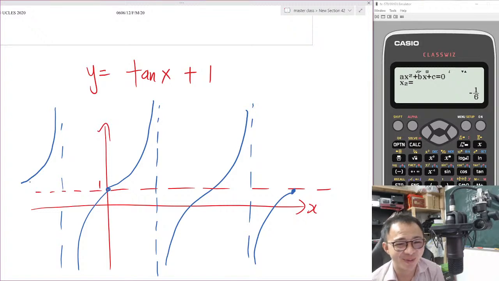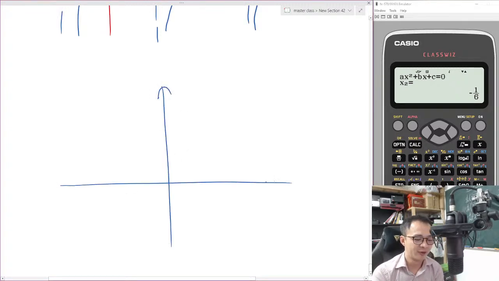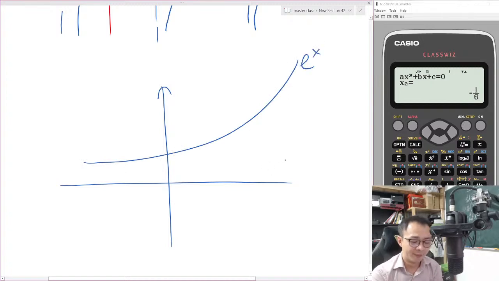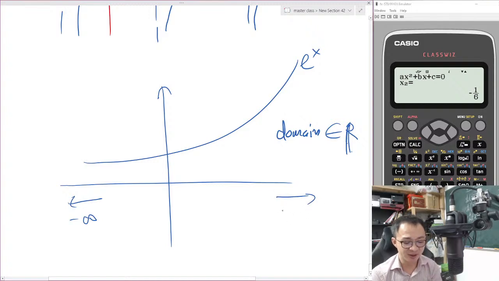No, I'm not going to teach the domain and range here. For e and ln maybe I can say a little bit. You just remember for the exponent graph, right? This is the e^x graph. I don't care if it's 3e^x or what. For the e^x graph, the domain itself is basically the set of real numbers, because the domain goes from negative infinity to positive infinity.